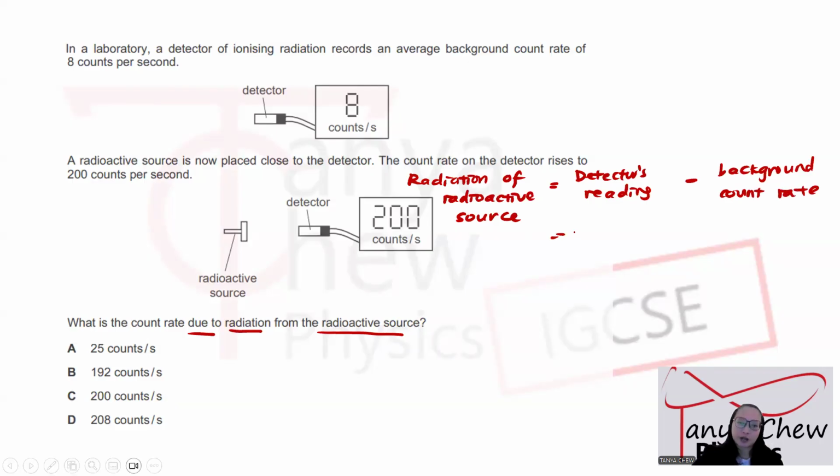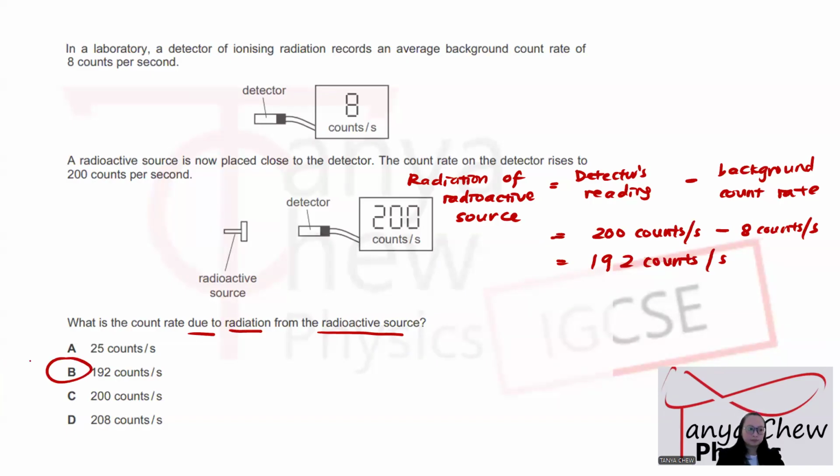It is 200 counts. So this detector is actually detecting the radiation from the radioactive source plus the background radiation. So detector reading is 200 counts per second minus background radiation of 8 counts per second. So you get 192 counts per second. B is the answer.